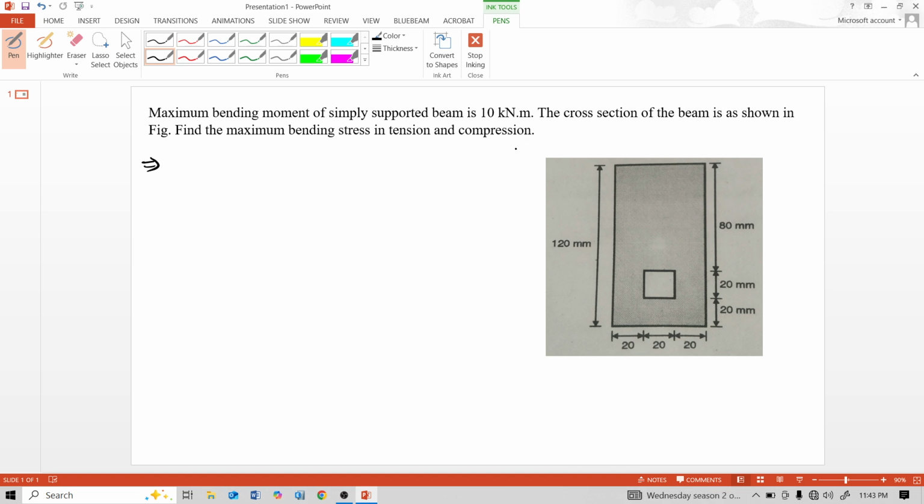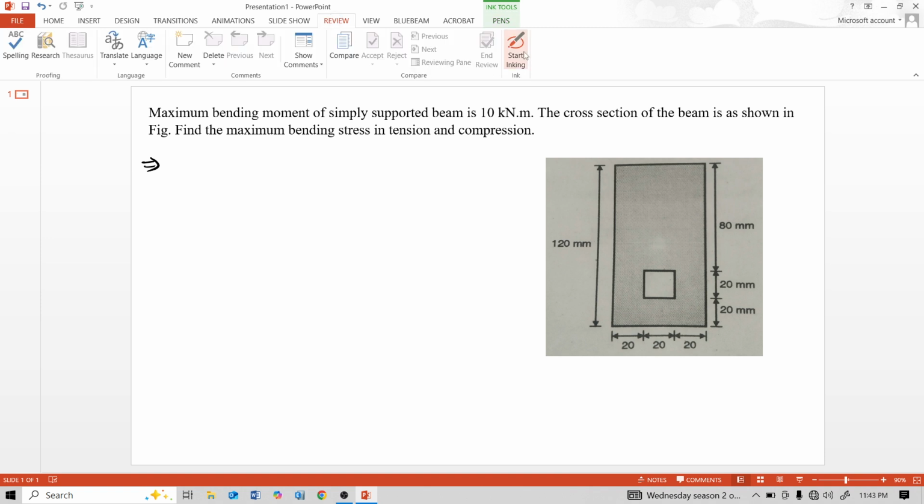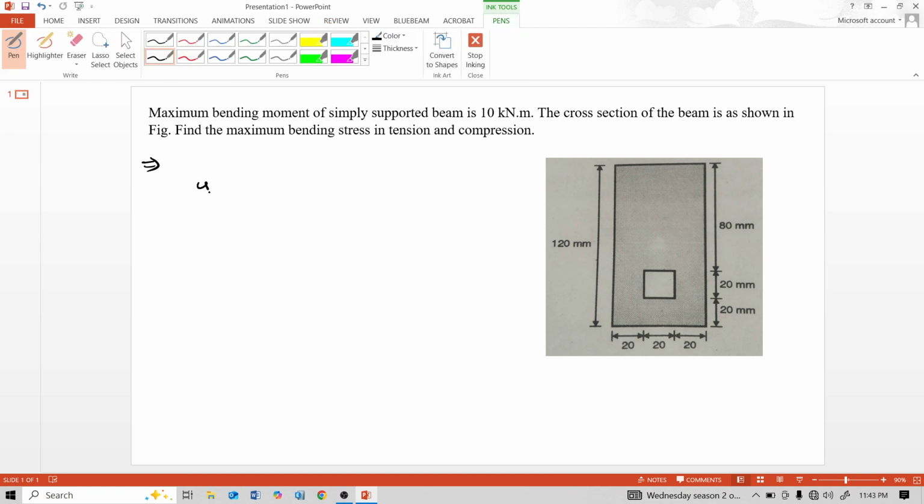So first find the neutral axis for this cross section. To find the neutral axis, use the formula y bar is equal to a1 y1 minus a2 y2. a2 is this square area, the hollow square inside this rectangle.